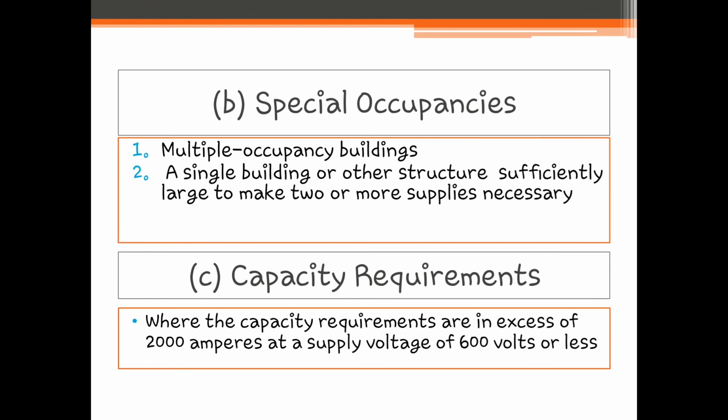Next is a single building or other structure sufficiently large to make two or more supplies necessary. Letter C is capacity requirements. So, for instance, if atong capacity requirements kay nag-exist of 2,000 amperes at a supply voltage of 600 volts or less, then that's the time na kinahanglan nata og additional feeders or branch circuits.